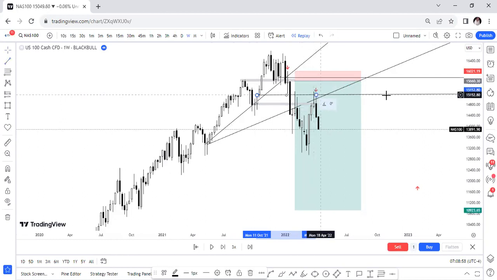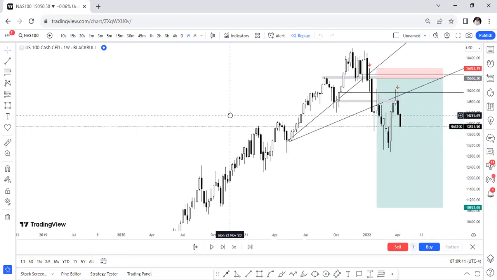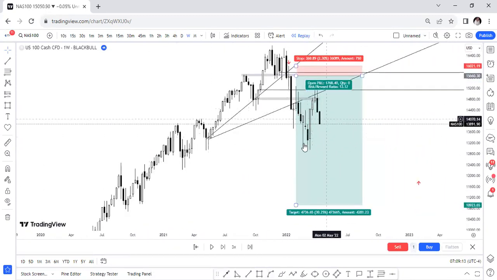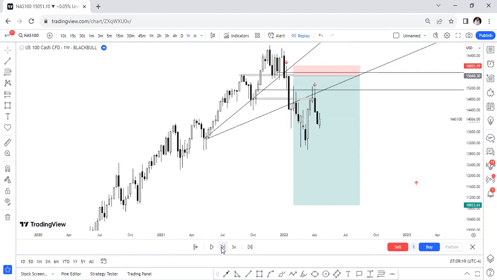So we have it here. This gives you a good probability zone. Then price starts moving downward in continuation of your sell.